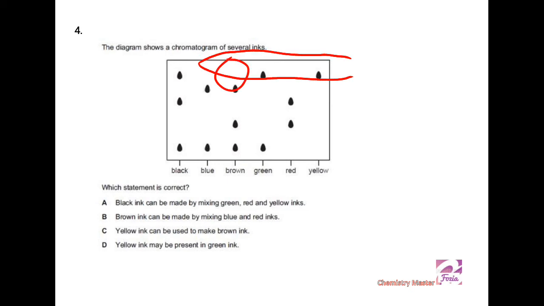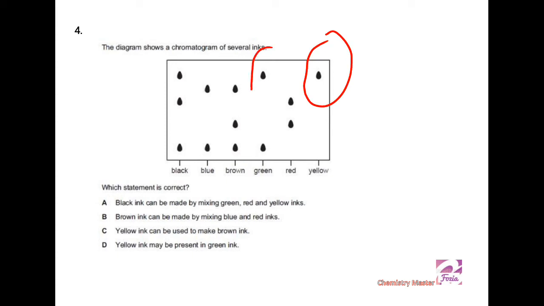So there is no spot of this height. So it can't be possible. Let's consider the last option. Yellow ink may be present in green ink. Okay, in the case of yellow ink, we have only one spot which is present in green ink. So it seems the correct answer.